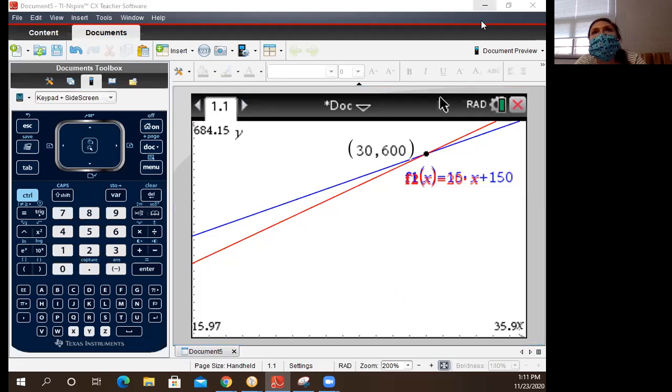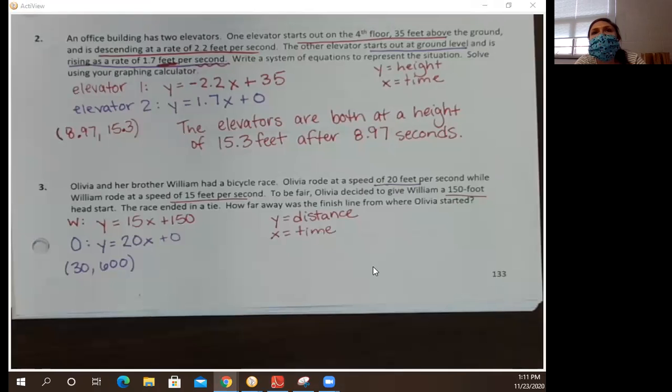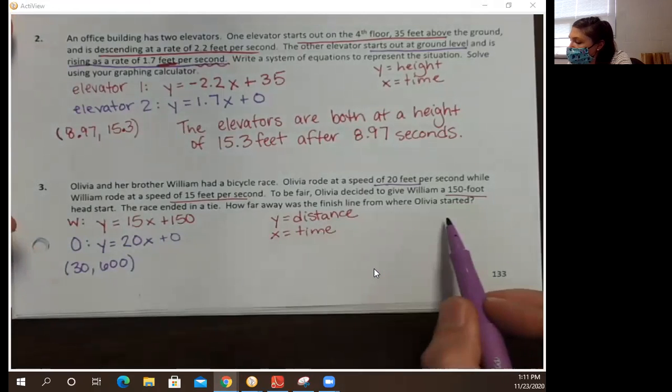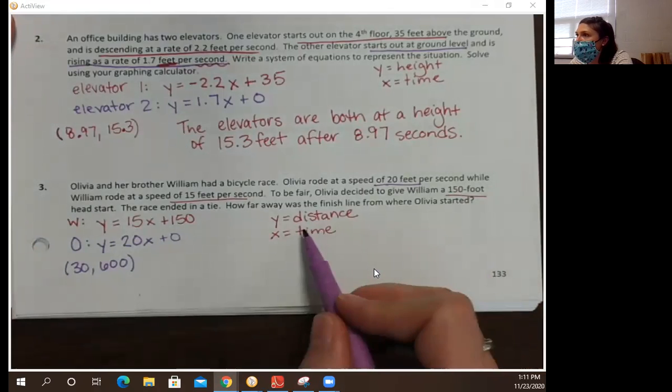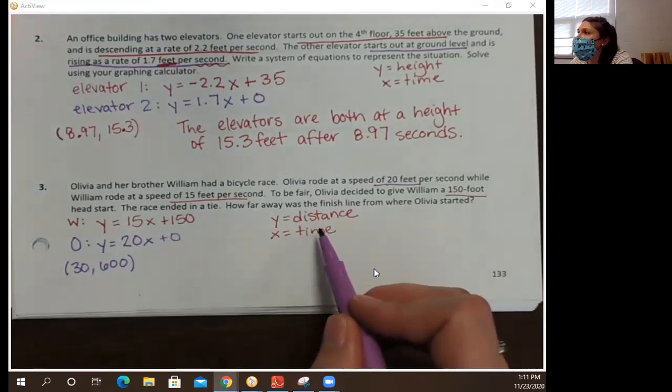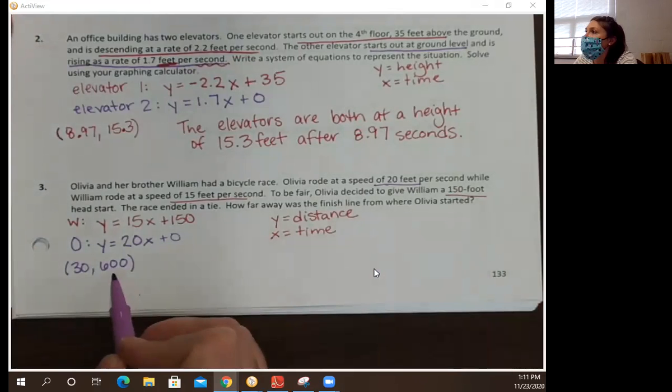And then let's put our graph away so we can see what we're looking at. So what I want to know is how far away was the finish line from where Olivia started? Well, that's the distance. Remember, she started at 0. So how far did she have to go? 600 until they tied, until they were at the same place.